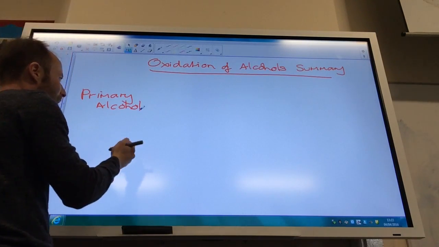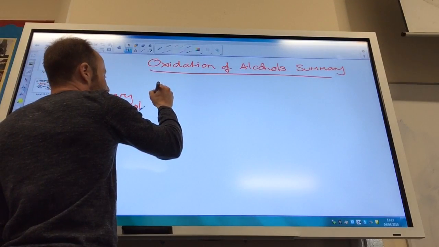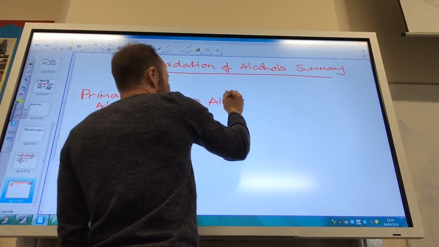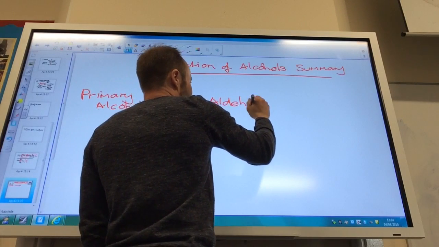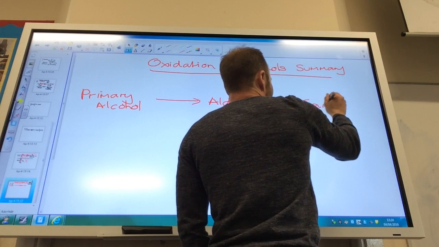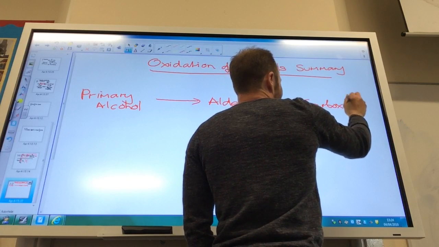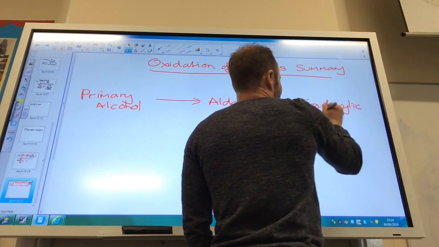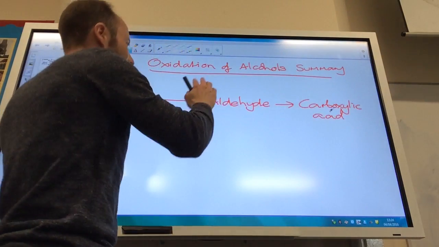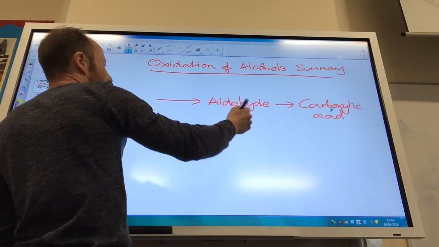So first of all, a primary alcohol, I can oxidize it to an aldehyde, and then it can be oxidized further to a carboxylic acid, like so. So a primary alcohol will go to an aldehyde and then to a carboxylic acid.